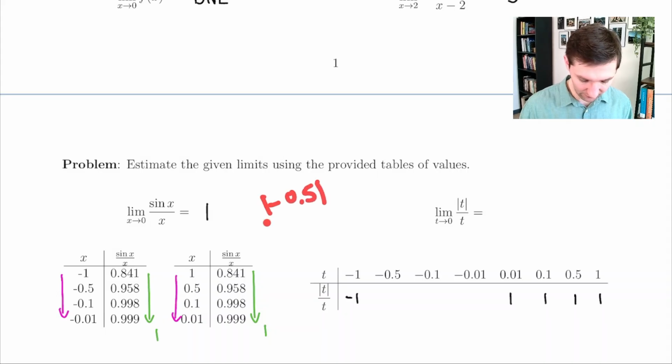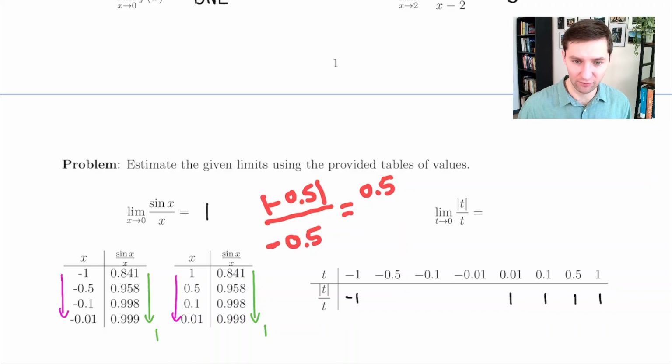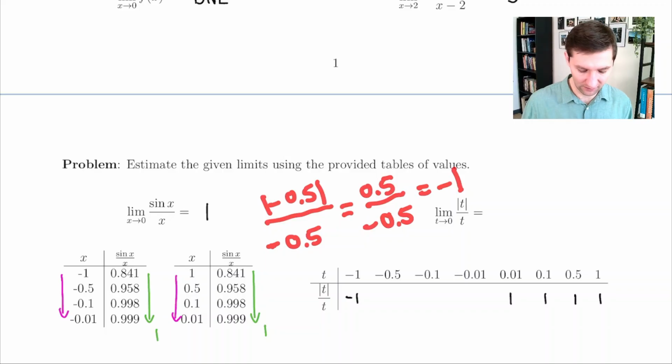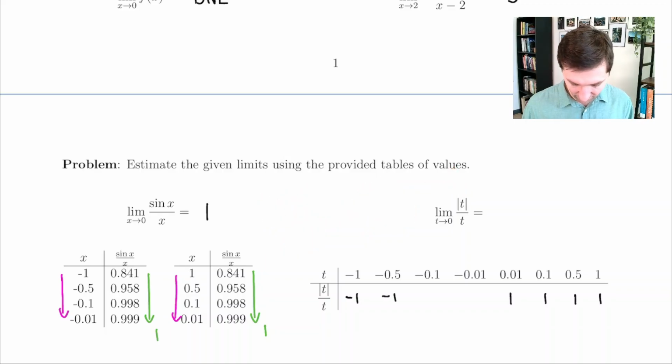Absolute value of -0.5 divided by -0.5 gives me, in the numerator, 0.5. In the denominator, I'm dividing by -0.5. That gives me -1 again. Same thing when I plug in the next two inputs.